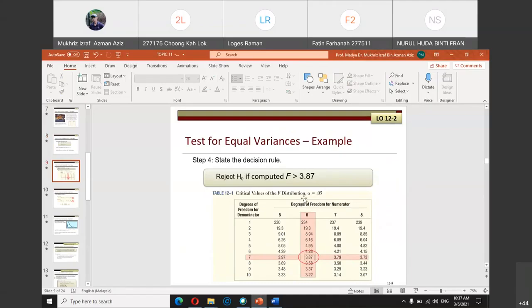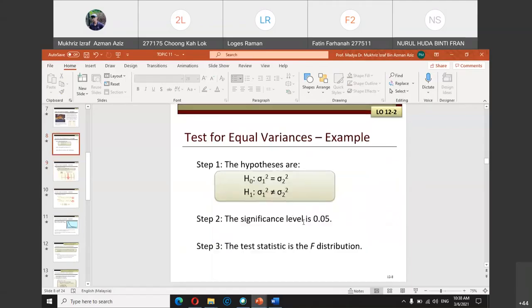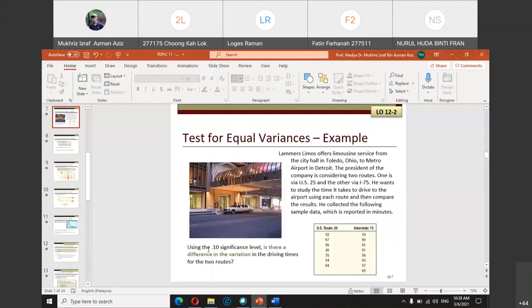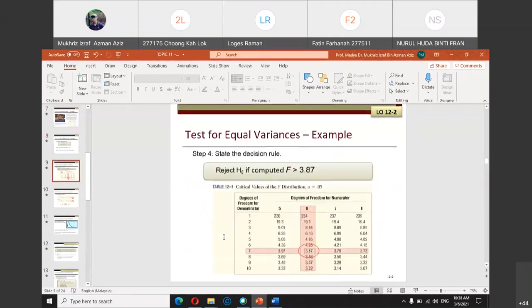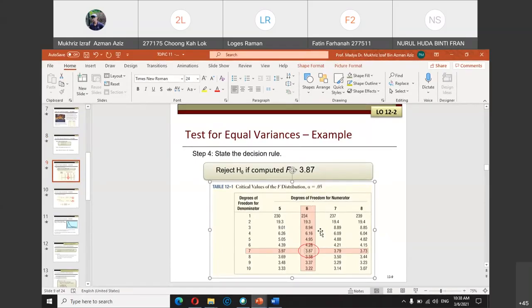In terms of the slide, they are referring to the 5% alpha, but earlier it shows that they want to test at 10%. If you are basing on 3.87, then alpha should be 0.05 or 5%. So this is one slight error from the book.